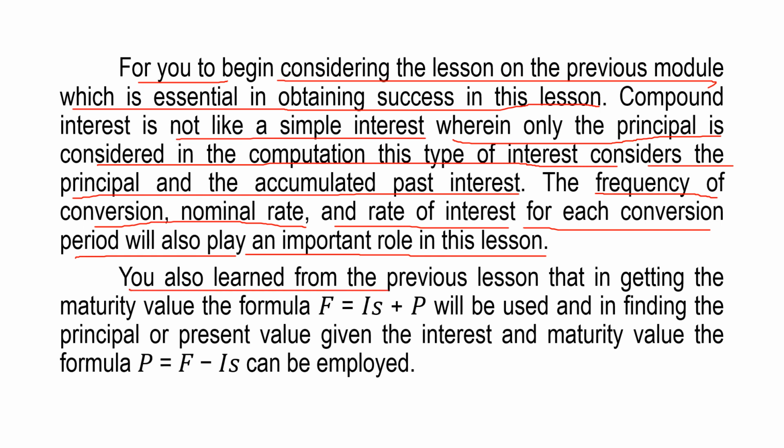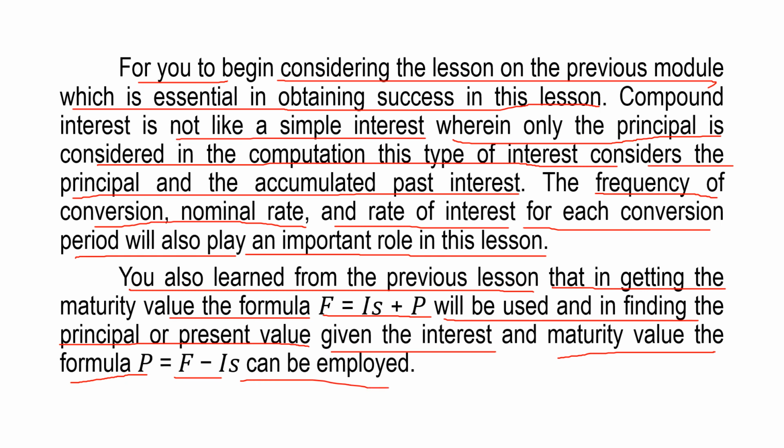You also learned from the previous lesson that in getting the maturity value, the formula is F is equal to P plus IS, where your principal is used. In finding the principal or present value, given the interest and maturity value, the formula P is equal to F minus IS can be employed. We are simply transposing one variable to the other side to get the unknown value.